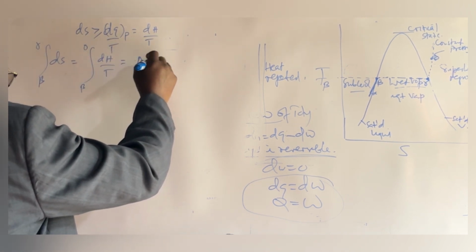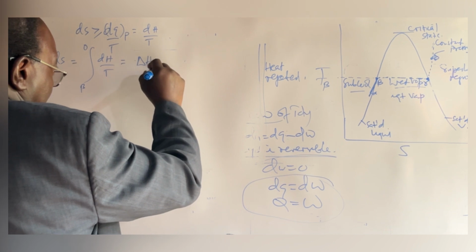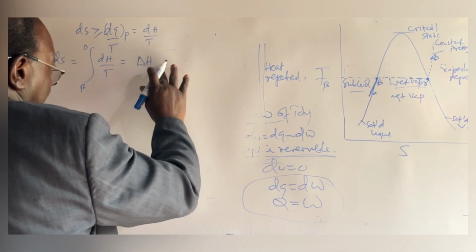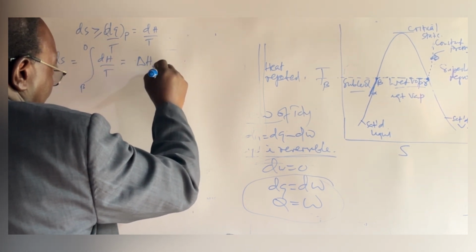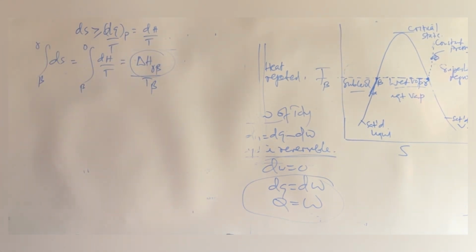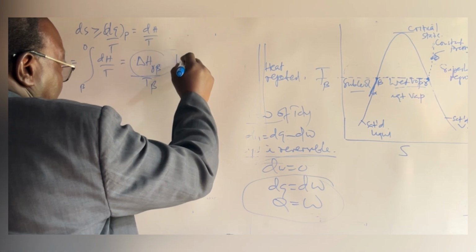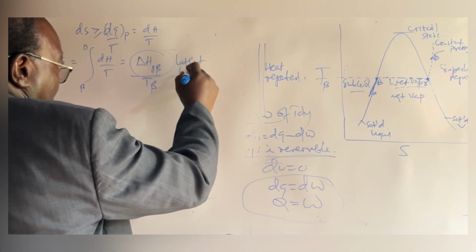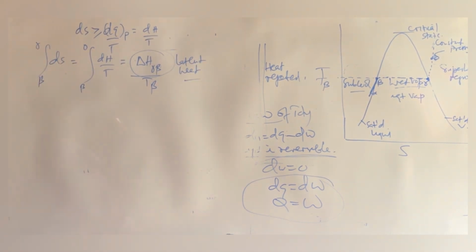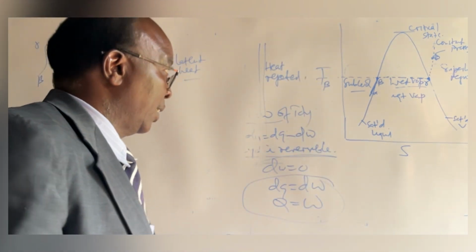So this will be delta H gamma beta over T beta. This delta H there is the latent heat for that process. Very simple, just working on the Clausius inequality.